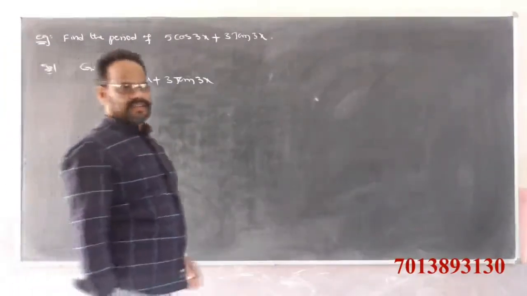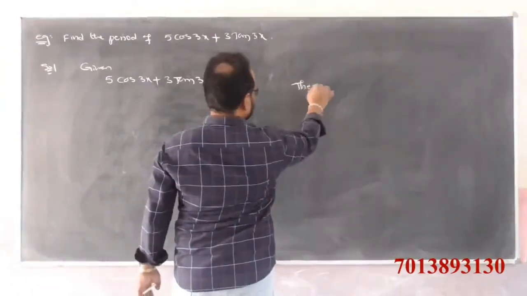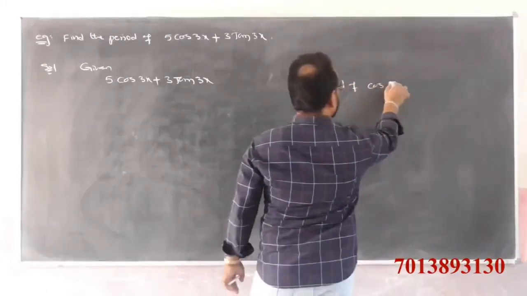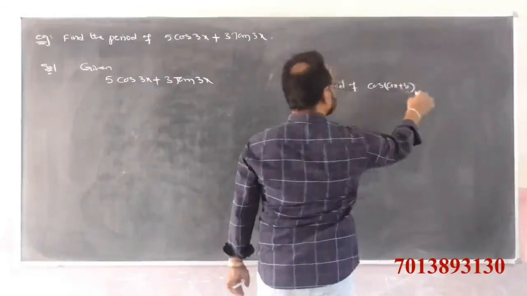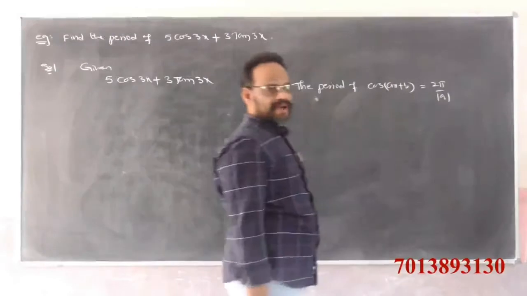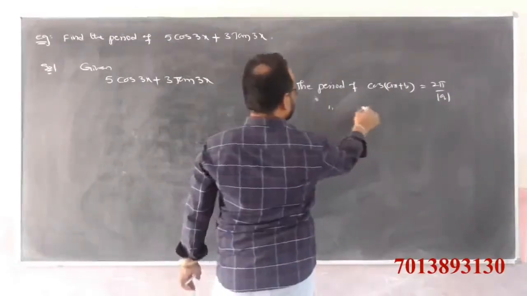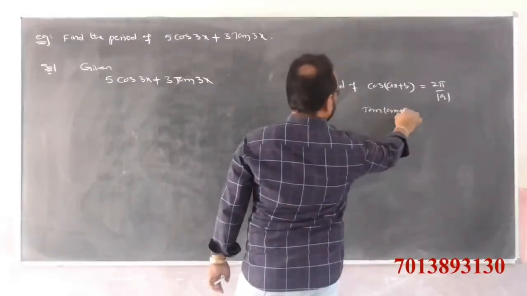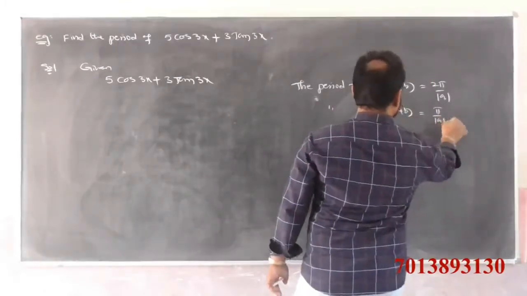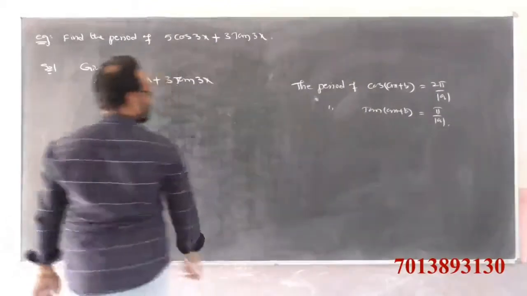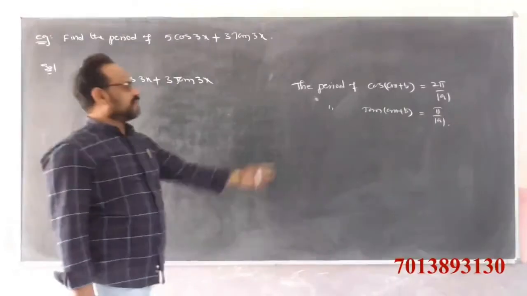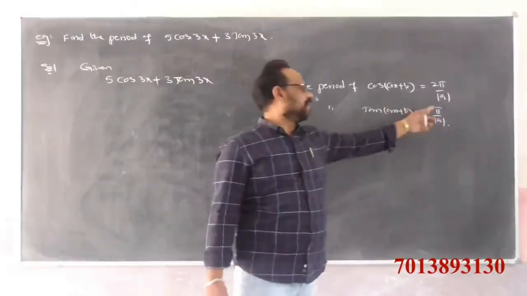We know that the period of cos(ax plus b) is 2 pi by mod a, and the period of tan(ax plus b) is pi by mod a.